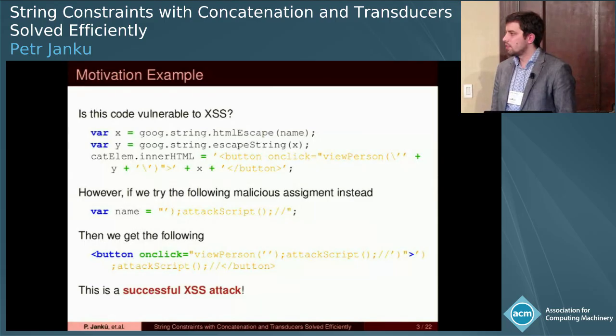So we need a tool to prove whether the program is safe. One option is to convert the program to some string constraints, which is satisfiable if and only if the program is vulnerable to attack.